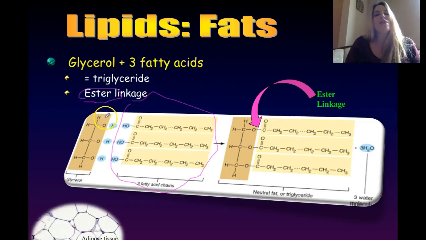Notice that on the glycerol, we have a hydrogen attached to the oxygen and the carbon hydrogen right there. On the fatty acid chains, you might recognize this functional group right here. Oops, sorry, this functional group right here. Do you remember COOH? Carboxylic acid. So these fatty acid chains have a carboxylic acid at the end.